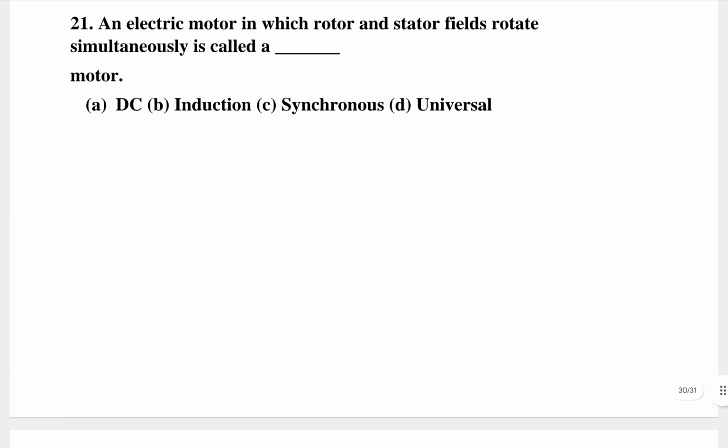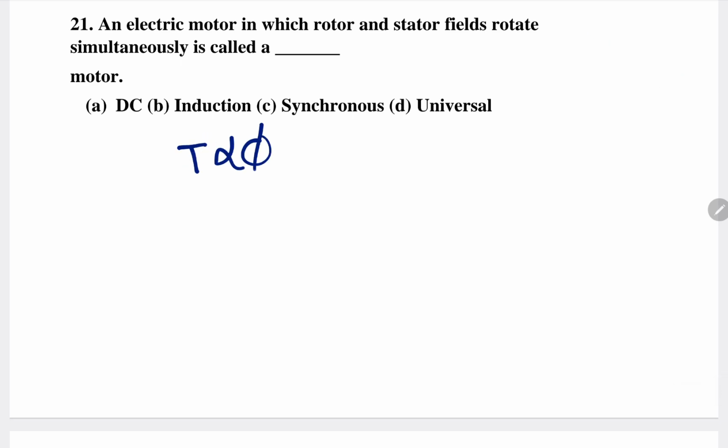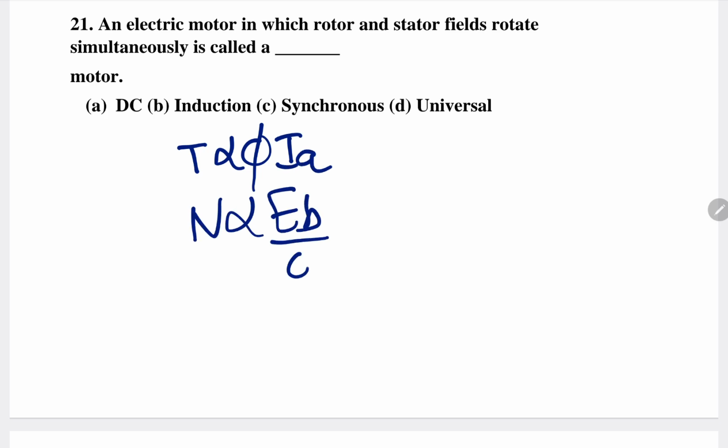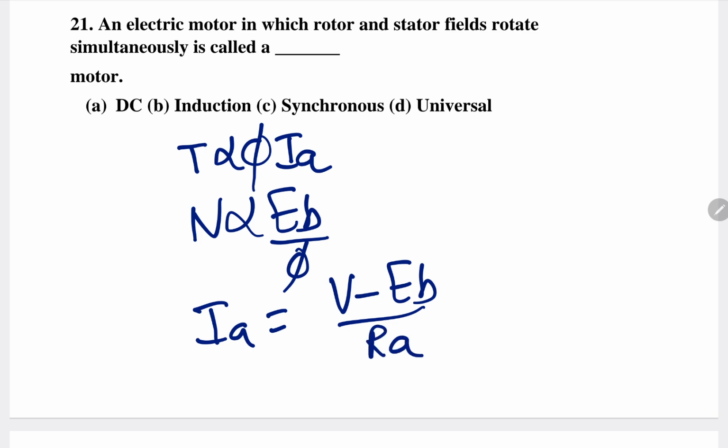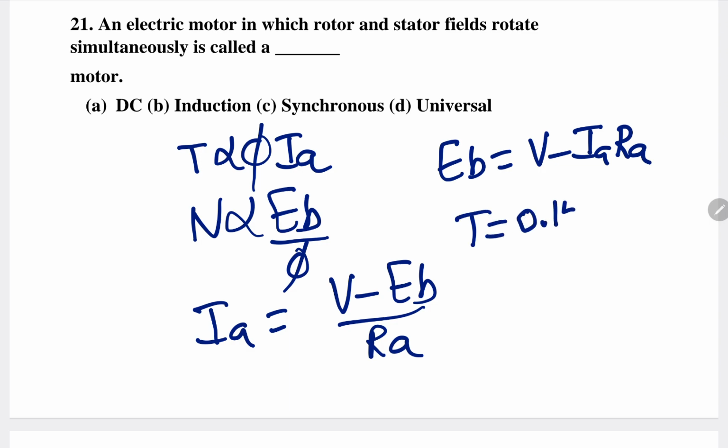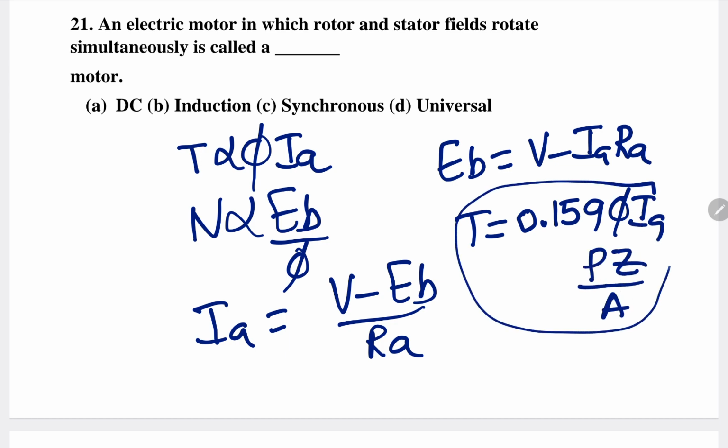Always remember these formulas: T proportional to phi Ia; speed equation N proportional to EB by phi; armature current Ia is equal to (V minus EB) by Ra, and EB is equal to V minus Ia Ra; and the torque equation is 0.159 phi Ia PZ by A. This is the torque equation of a DC motor, very important.